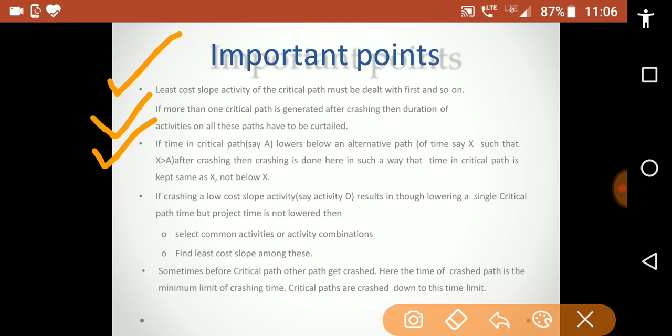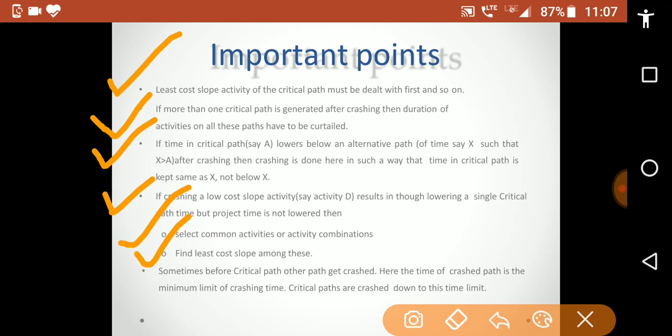Now, if crashing a low cost slope activity, say activity D, results in lowering a single critical path time but the project time is not lowered, select common activities or an activity combination, or find the least cost slope among these.